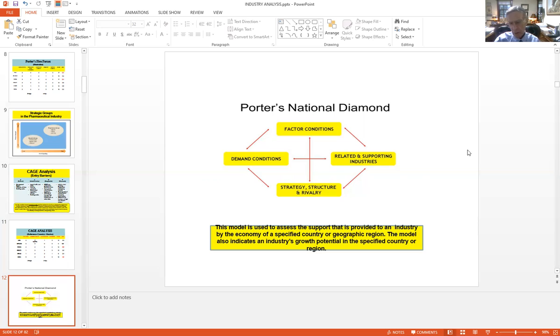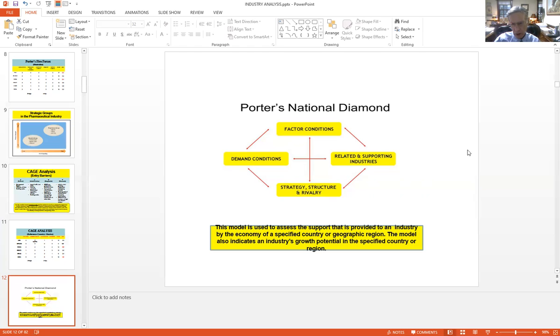And finally, Porter put in this term strategy, structure, and rivalry. And back when he published this model, how your firm and other firms competed, the structure of the industry per se, whether it was concentrated or fragmented, were important. But today, the most important word in that block is rivalry.